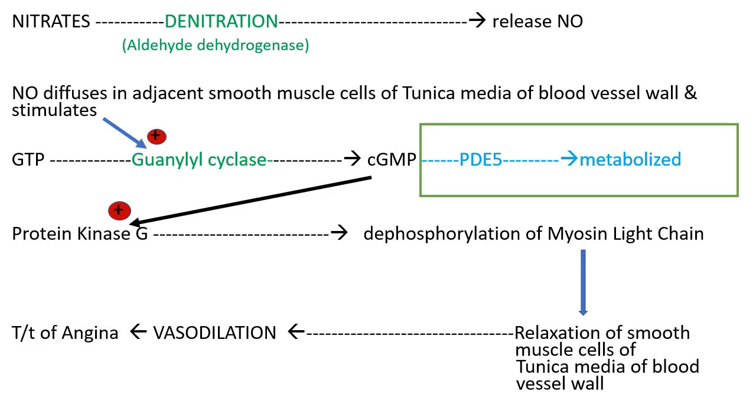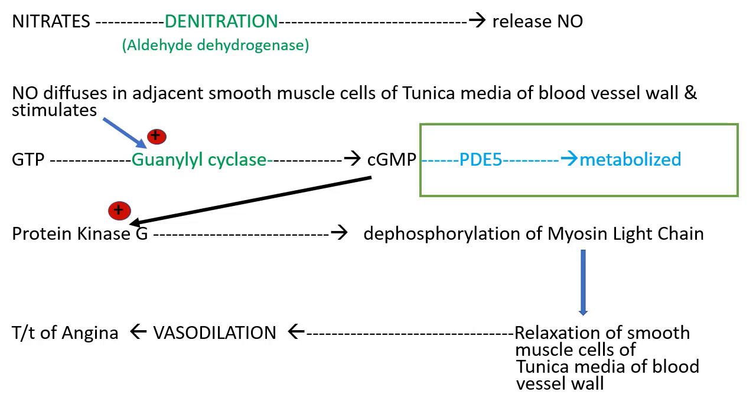Nitrates are acted upon by the enzyme aldehyde dehydrogenase, and the process is known as denitration. So nitrates release nitric oxide due to denitration. Nitric oxide diffuses into adjacent smooth muscle cells of tunica media of the blood vessel wall and stimulates guanylyl cyclase.